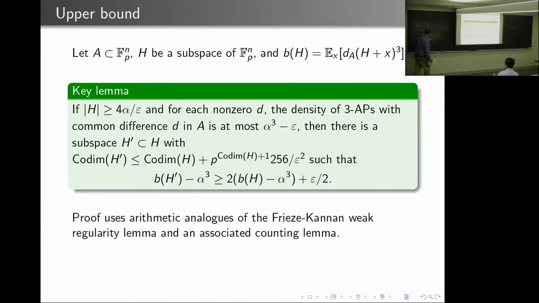So I haven't said what f_H is. It's the averaged out function. It's constant on each of the affine translates of H, and its value is the average on those translates.